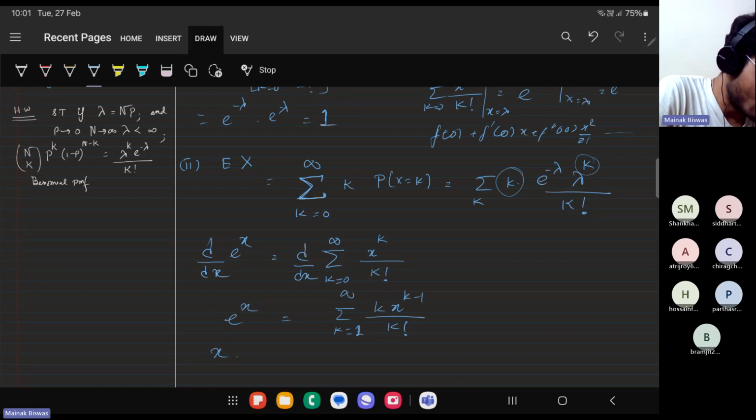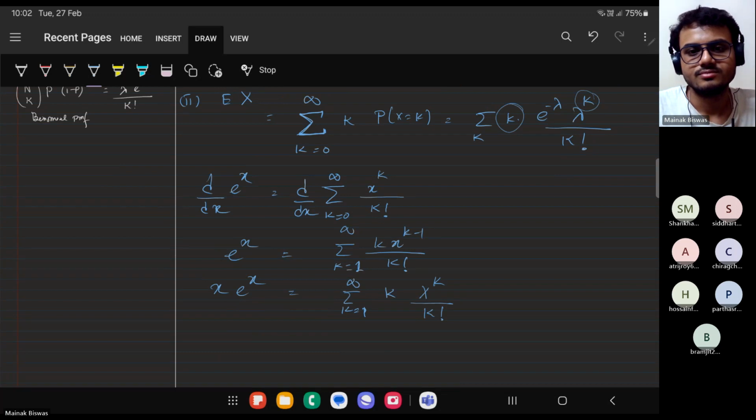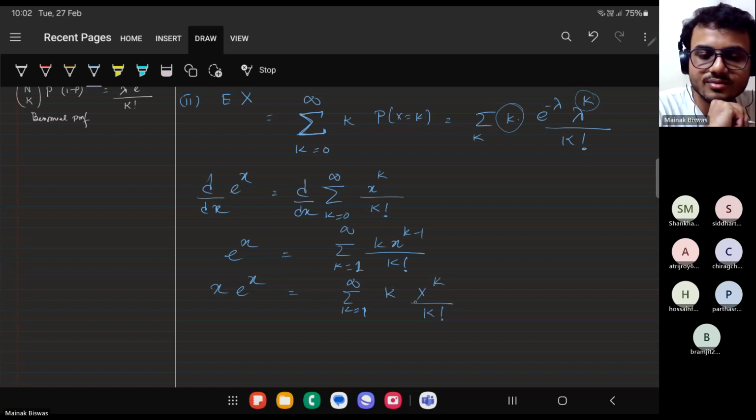I multiply x on both sides. So what do I get? Sum k equal to 1 to infinity, k x to the power k by k factorial. Yes or no? Is this okay? Understood? This is not very difficult. I just multiplied x on both sides.